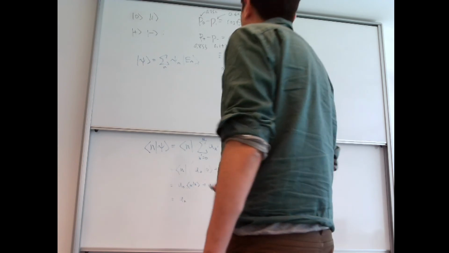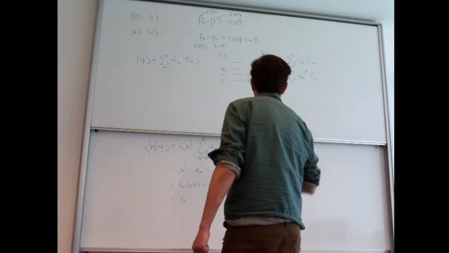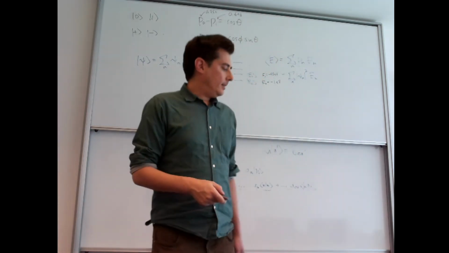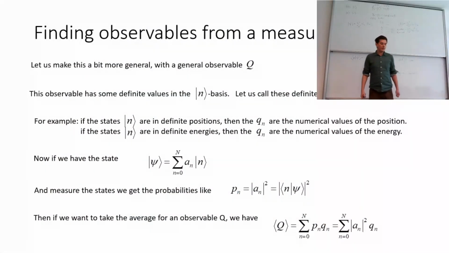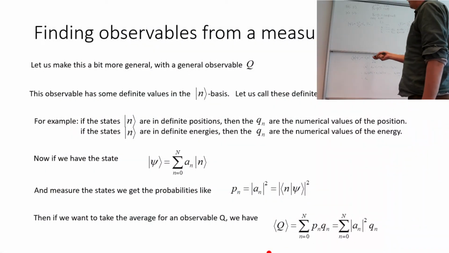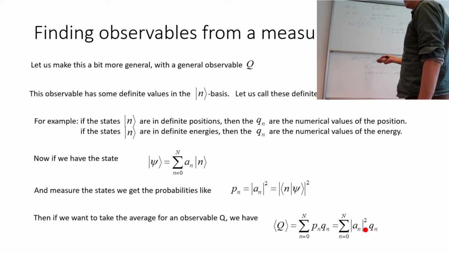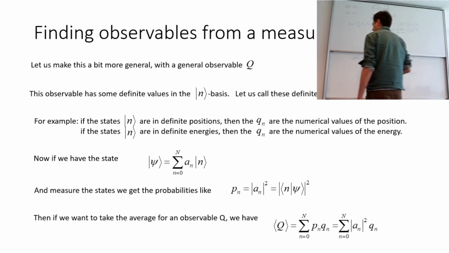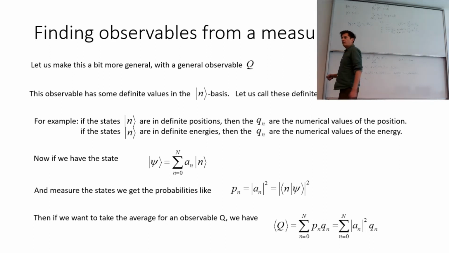Probability times the value. And like I've already said here, you can rewrite the probability as modulus squared of the wave function. So the average value will be modulus squared of the wave function times the value. Okay. Yep.